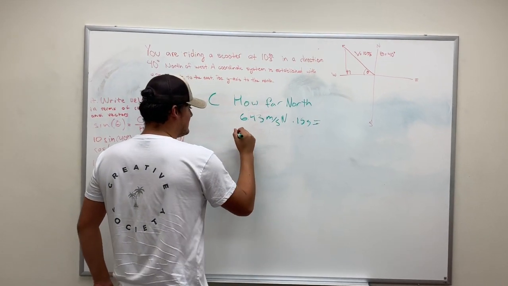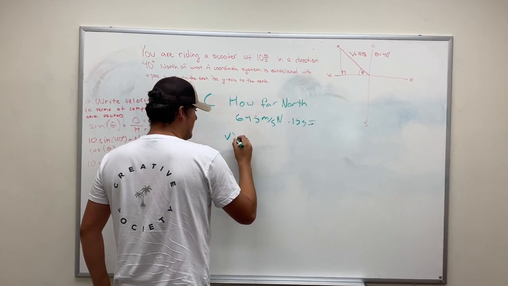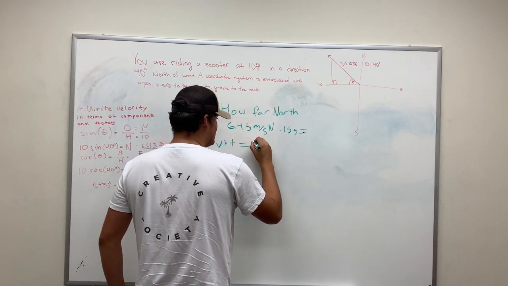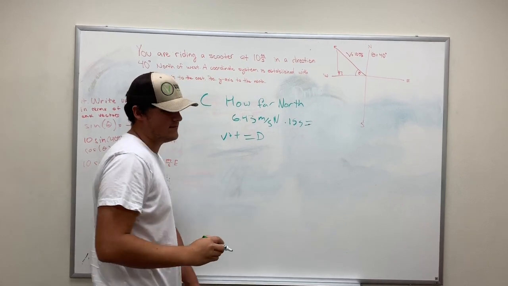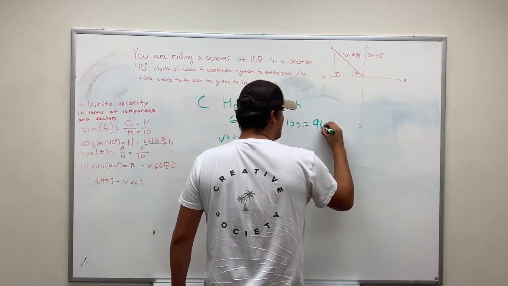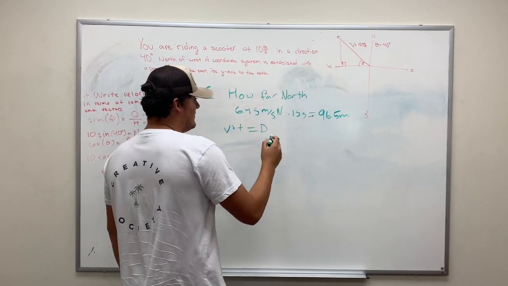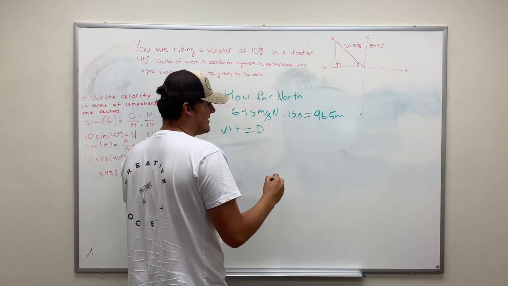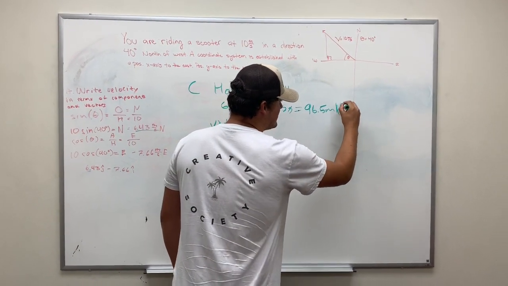Basically, velocity times the time gives you the distance. So when you do 6.43 times 15 seconds, you get 96.5 meters. And just to go over, you got meters over seconds times the second, so the seconds cancel out, and it's positive because you're traveling in the north direction.